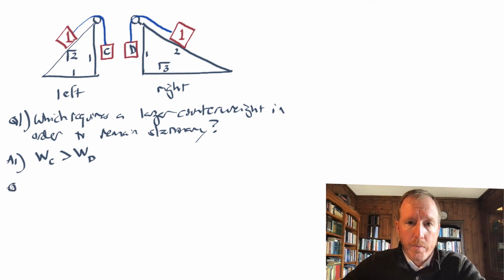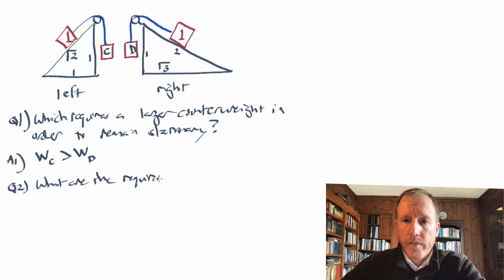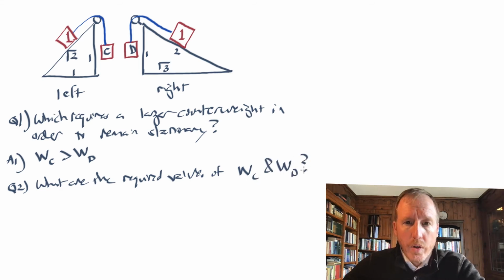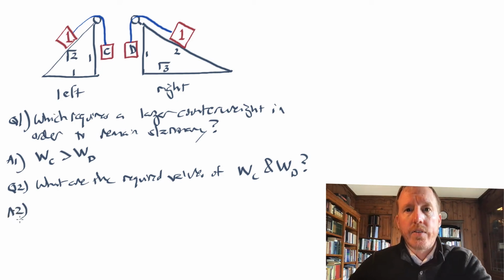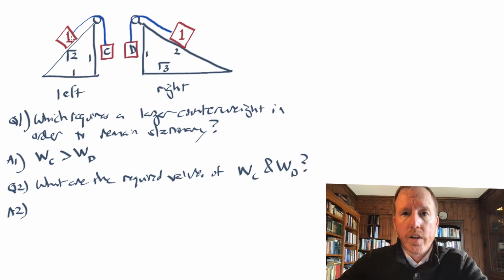So let's be a little bit more precise now. The next question is, what are the required values of the weight of block C and the weight of block D? Well, we have a strategy for doing this. We came across it in our last lecture, and that is that the ratio of the weights, weight 1 and weight C, is in the same ratio as the length of the line segments, that is root 2 to 1.